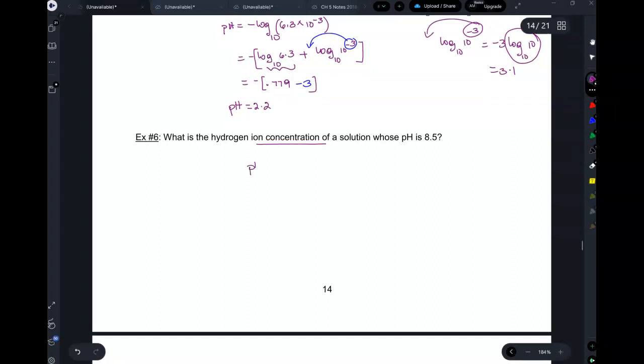So the formula for pH is negative log base 10 of this. That is what we're solving for. So this is going to be 8.5 equal to negative log base 10 of the H plus ion concentration. Move the negative over.